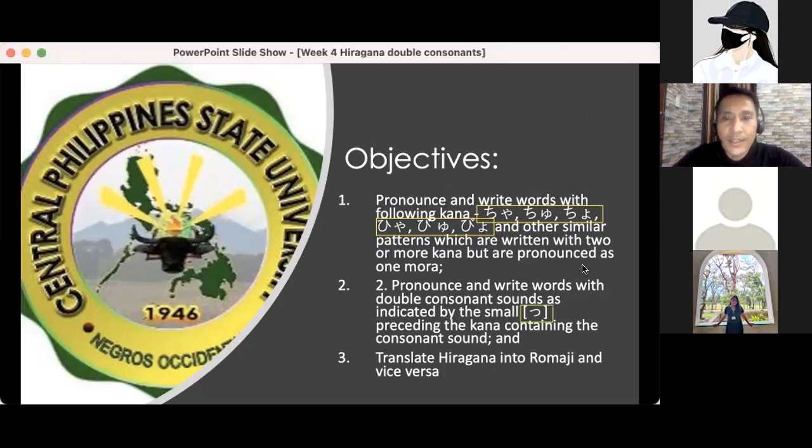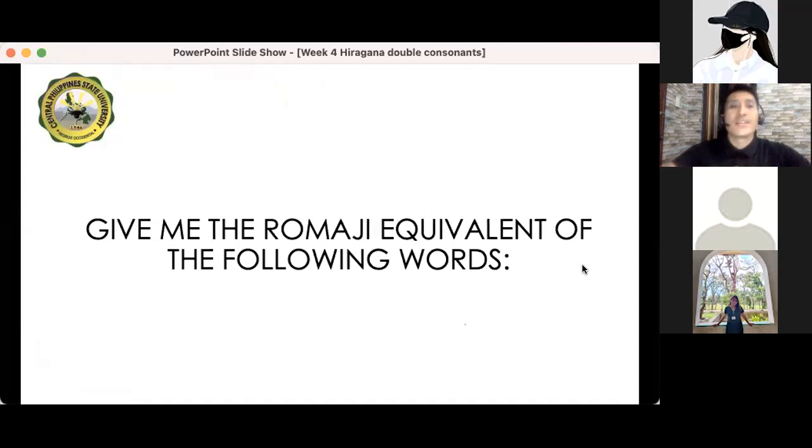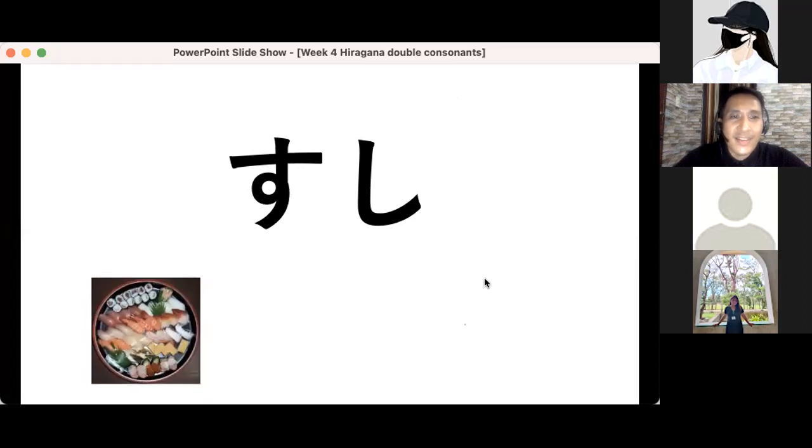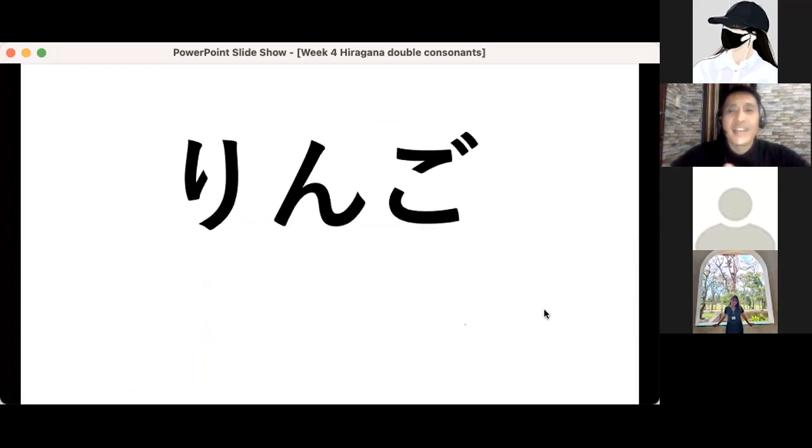So, tsu. Ito yung tunog ng tsu. So, give me the Romaji equivalent of the following words. Tingnan natin kung kaya nating ibigay ang Romaji equivalent dito. Okay, ito yung mga clues natin. Ito ay sushi. Okay, so tingnan natin yung ikalawa. Sushi.